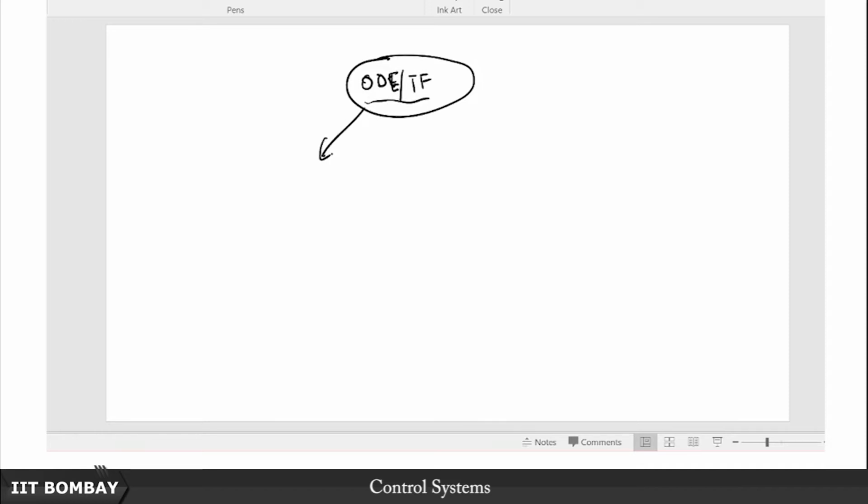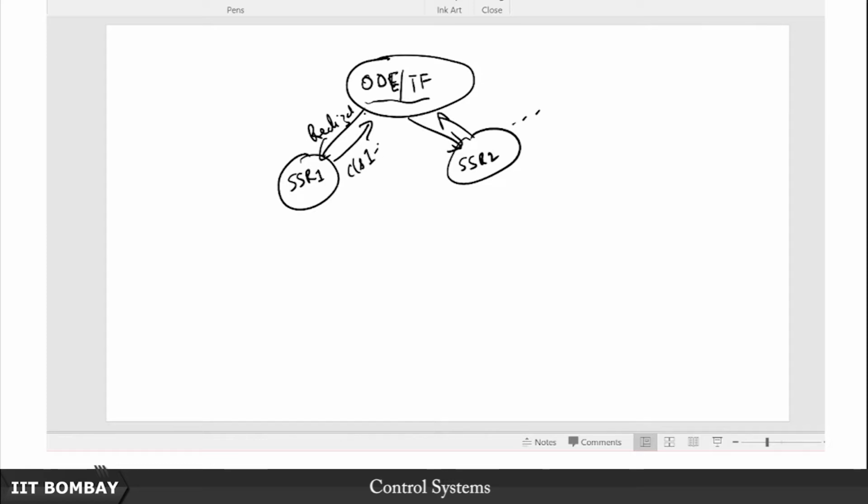So from here we saw that we can get to several state space realizations, right, SSR 2 and so on and so forth, and we can also go back, yeah, we saw that. So this is basically a realization, and going back here we basically take C times sI minus A inverse B plus D, yeah, that's all there is to it.